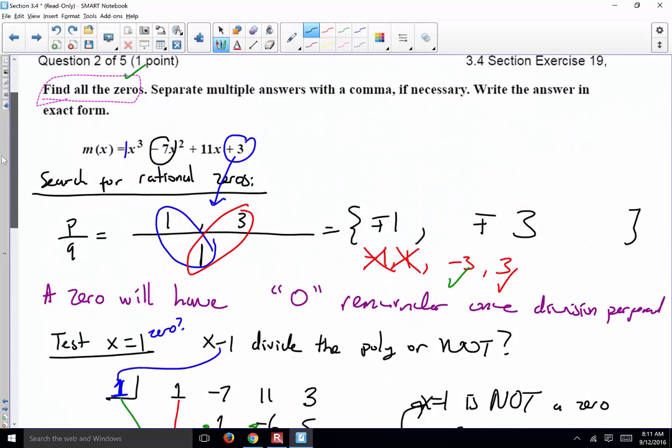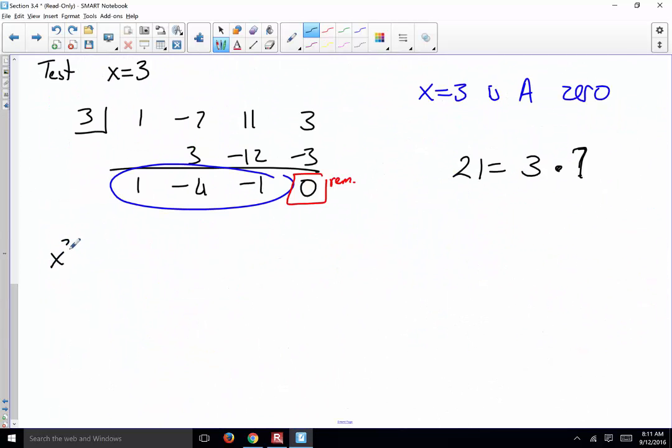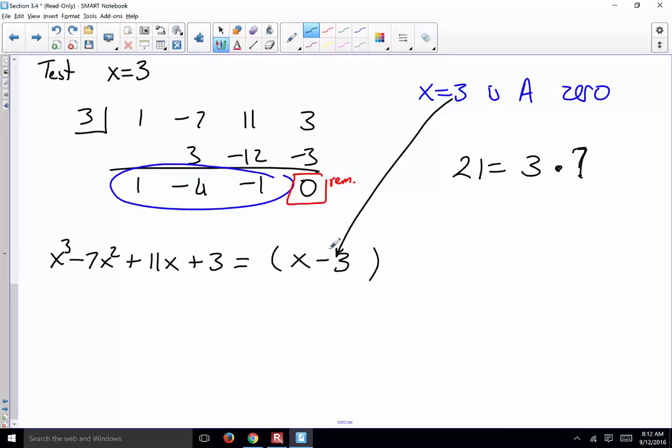The polynomial we are given is x cubed minus 7x squared plus 11x plus 3, right? We just discovered that the first factor for this polynomial is x minus 3. We just figured it out. But what are the remaining fishes? Where are they?